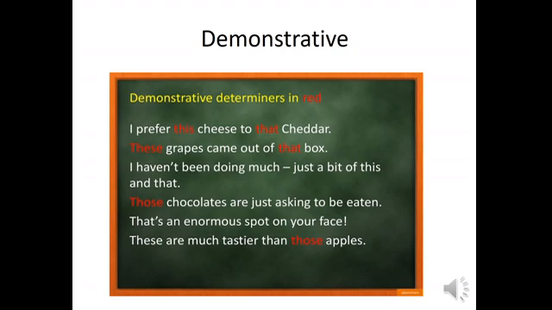These grapes came from that box, so it is demonstrating where it came from. And those chocolates, which chocolates? Those chocolates are just asking to be eaten. And these are much tastier than those apples. So it is demonstrating in particular about certain things.